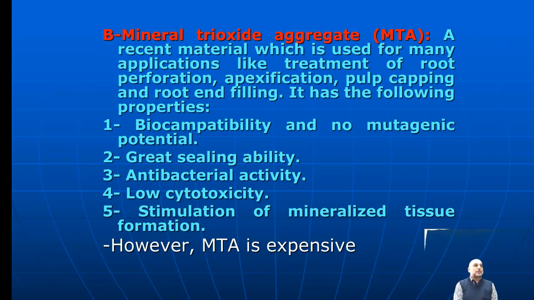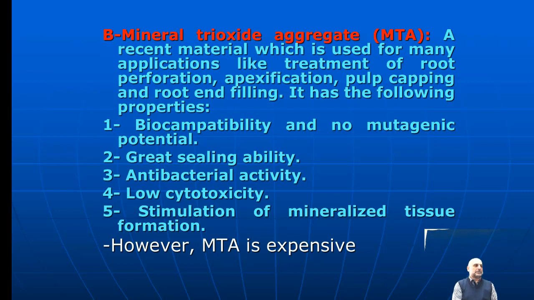It has the following properties: biocompatibility and no mutagenic potential. So it's biocompatible, not irritant to the pulp, and promotes healing. Great sealing ability: this is a feature not found in calcium hydroxide. So it's better than calcium hydroxide.